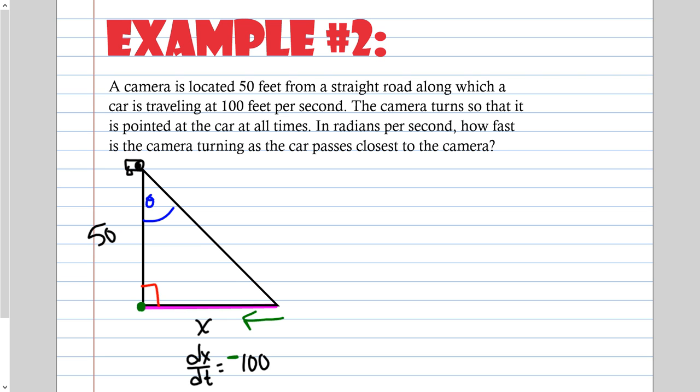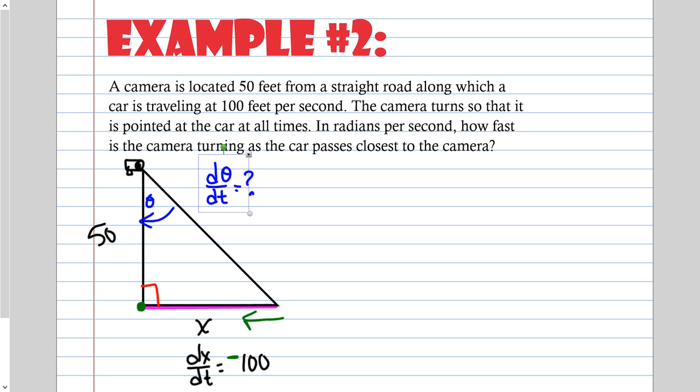The angle is rotating in this direction. Okay, so we're basically figuring out how fast the camera is turning. So we are looking for d theta/dt.